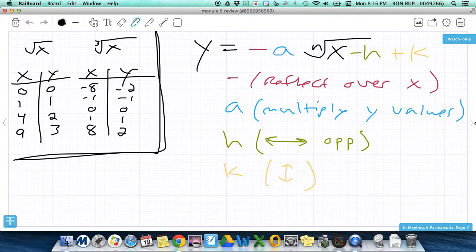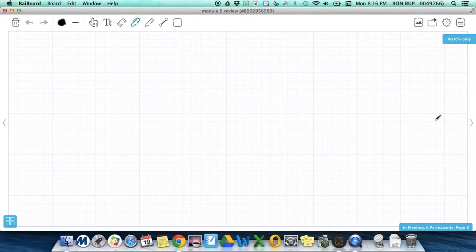So let's do two examples on the next slide. Let's do y equals 2 square root of x minus 1 plus 1. And let's do y equals, we'll just make it real easy, negative cube root of x plus 2.